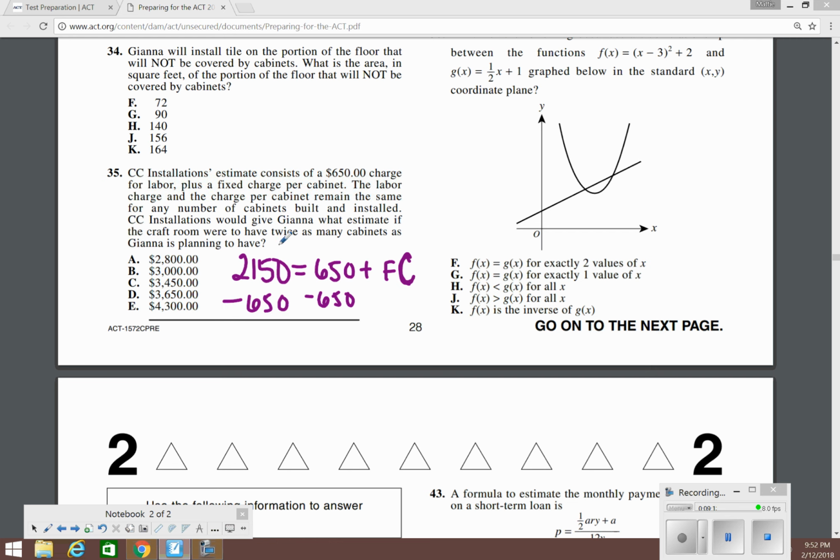So $2,150 minus $650 tells me that they charged her $1,500 for the number of cabinets she had, however many that is. If I double that, then that's going to double the $1,500 and make it $3,000. But then don't forget that I also have to add on that $650 fee. So $650 added on to my $3,000 is $3,650 is how much it would cost if she were to double the number of cabinets installed.